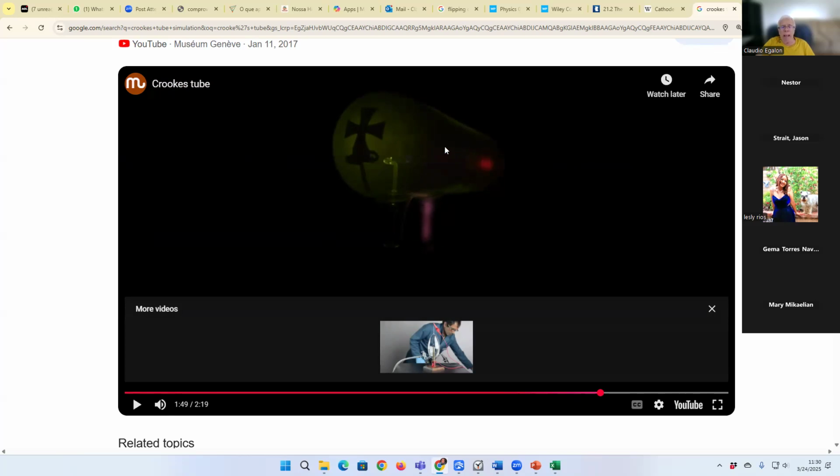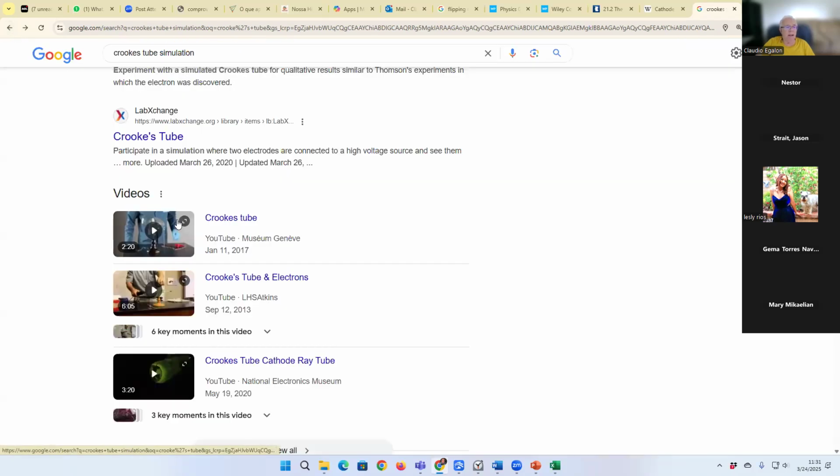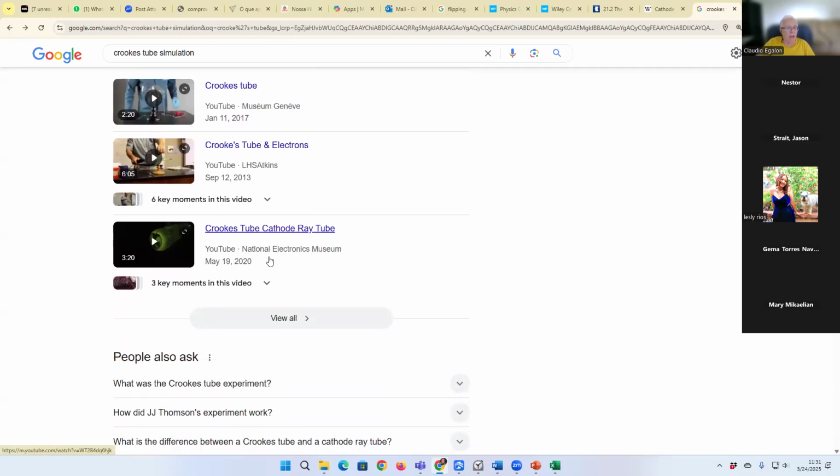If we apply a magnetic field, if we put a magnet nearby this tube, you will be able to deflect the path of the particles, and it's possible to see that in certain experimental setups.